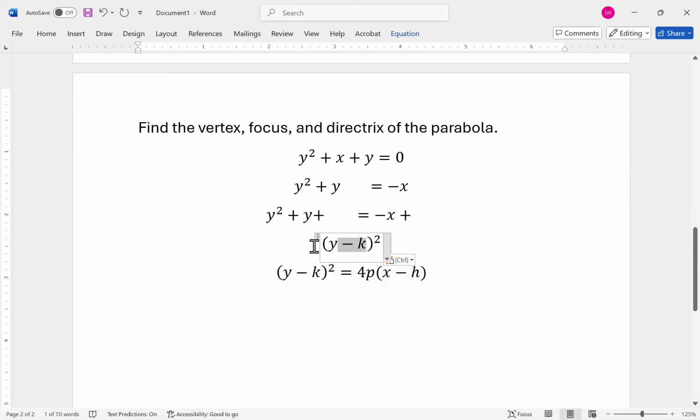But what I'm going to do is a completing the square process. When I do a completing the square process, remember we take the coefficient of my y term, as long as again, we start with coefficient of y squared being 1, then I look at the coefficient of my y term. Since that's a 1, I cut that in half.